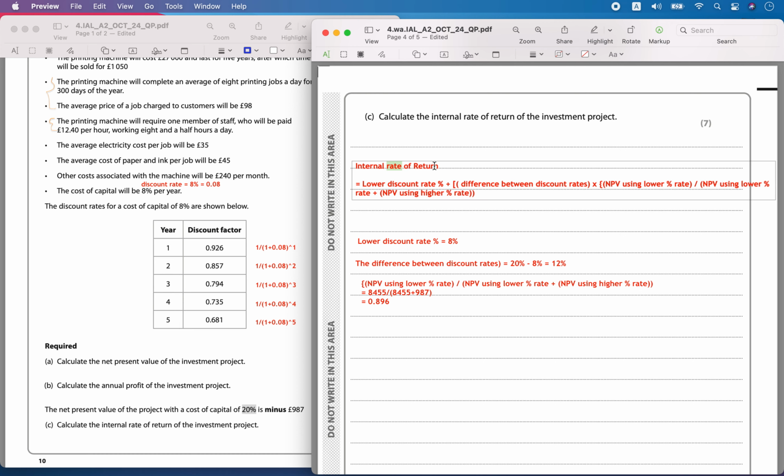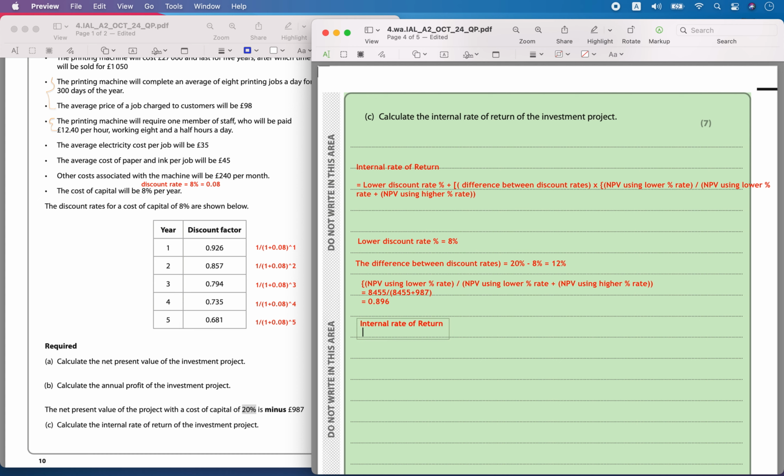Now let's substitute and find out what is the internal rate of return. So the internal rate of return will be equal to 12 times 0.896, that is equal to 10.752 percentage.